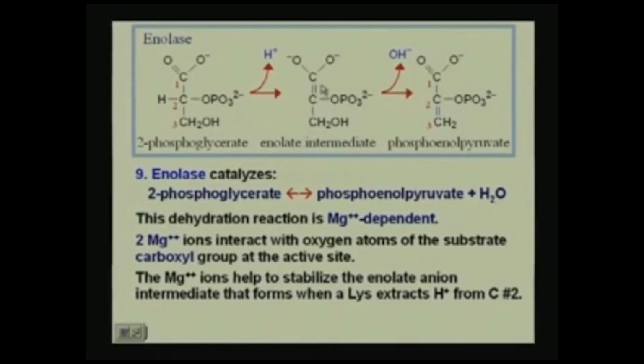It has formed, with the loss of H plus here, a double bond at this position between carbon atoms 1 and 2. Then with the loss of OH, we have a double bond between carbons 2 and 3.